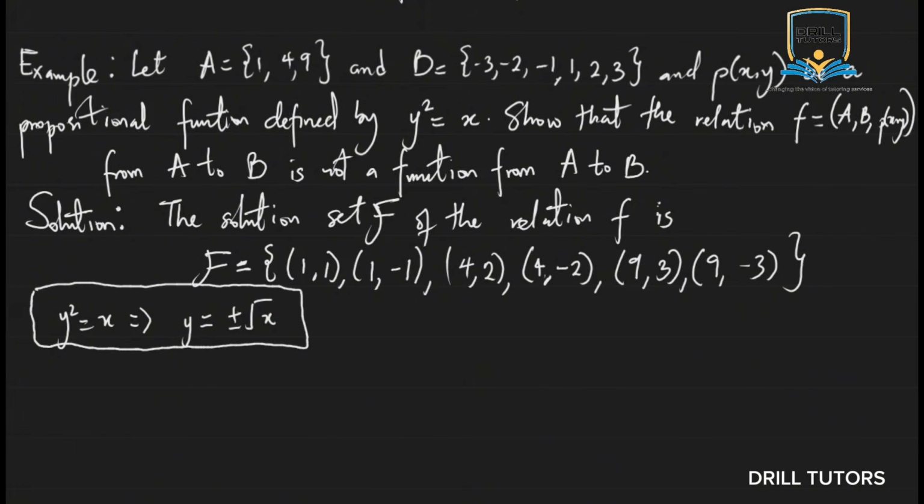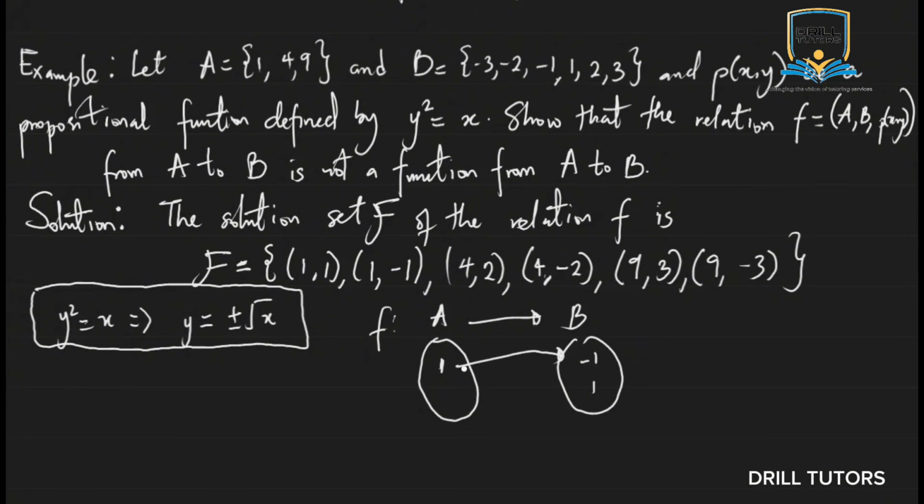Now, one thing I want you to know is that this is the case where one from domain A, you have a function, or sorry, a relation. So this is the case where one is mapping to two elements, which are minus 1 and 1. So 1 maps to minus 1, the same 1 maps to 1, one to many. And that is not allowed in the entire concept of function. Also, 4 maps to minus 2 and plus 2.